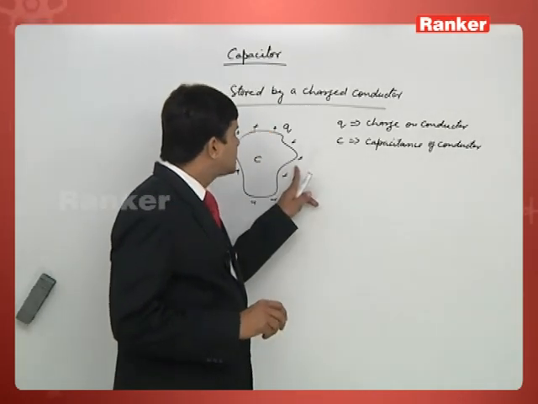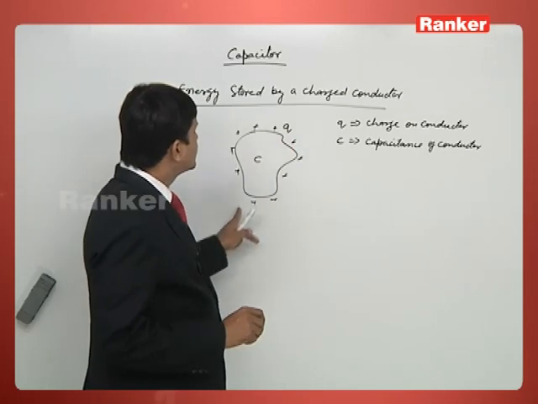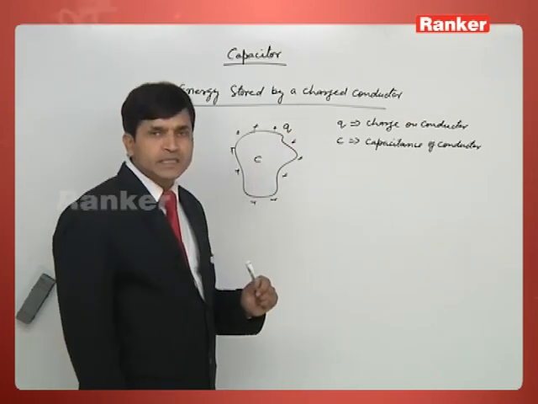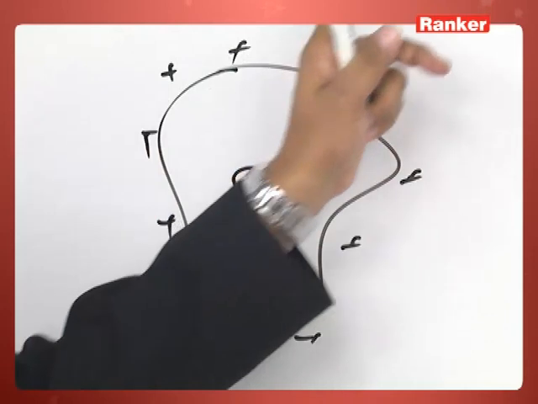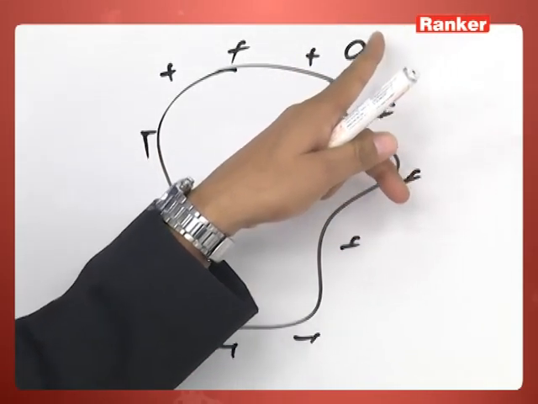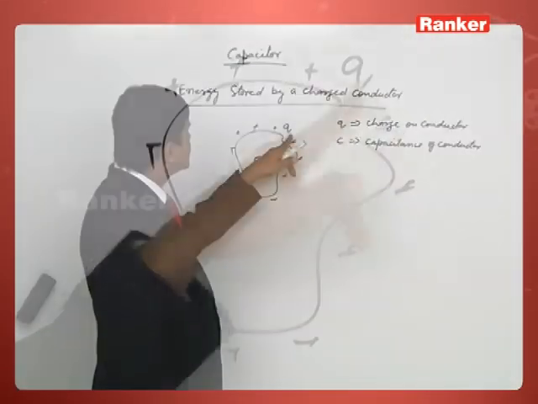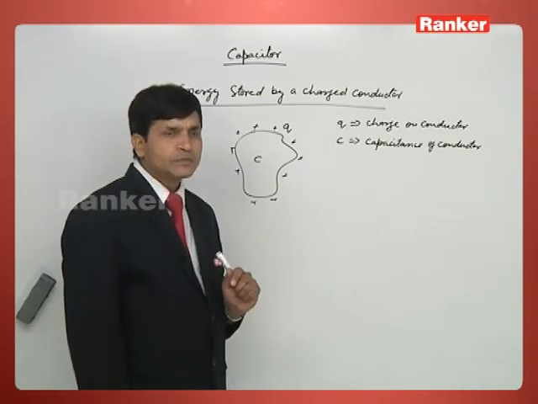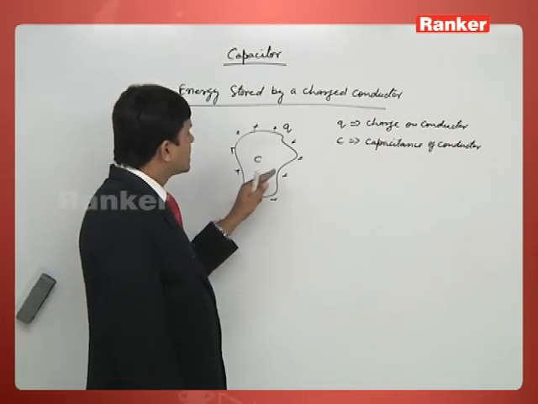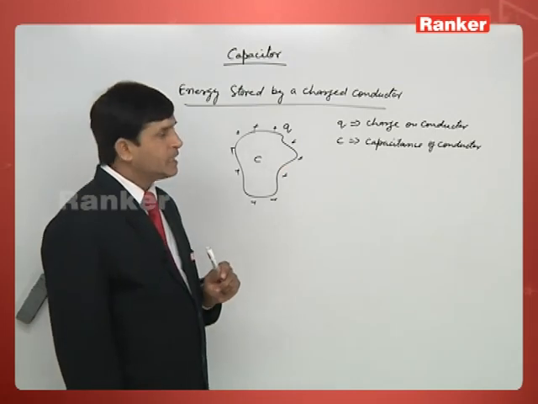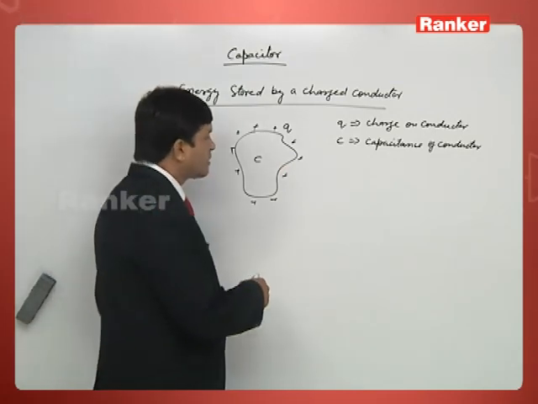that work is stored. The energy is stored in a conductor in the form of potential energy. So whatever work we have done to make this conductor a charged conductor of charge Q, that energy or that work is called the energy stored in the conductor. Then how to calculate it?